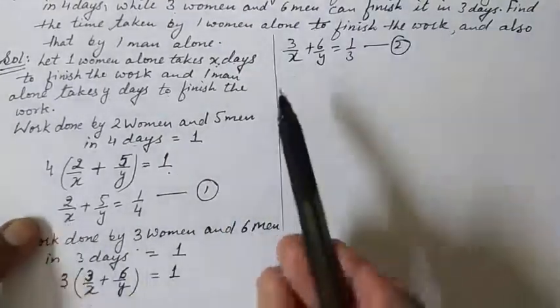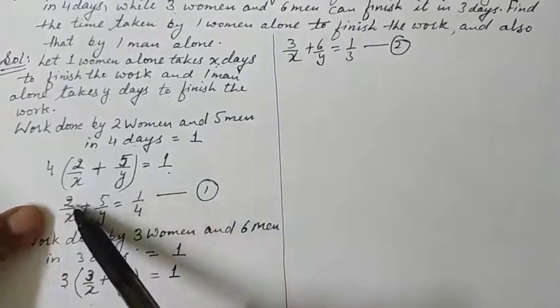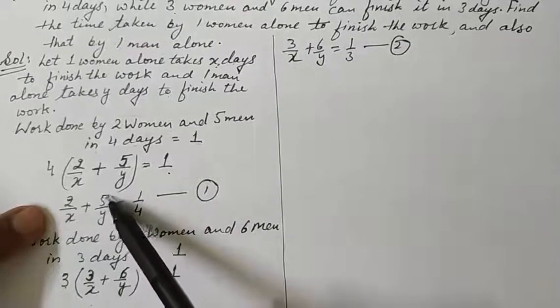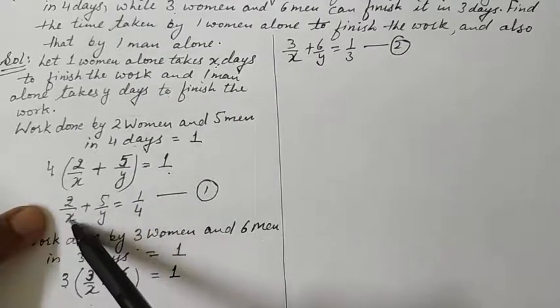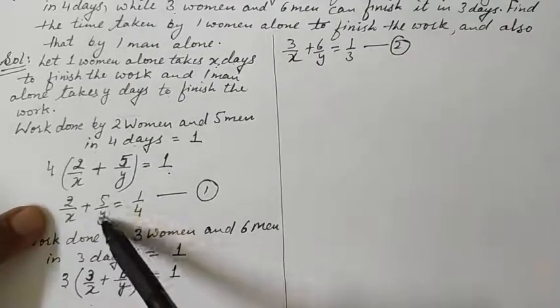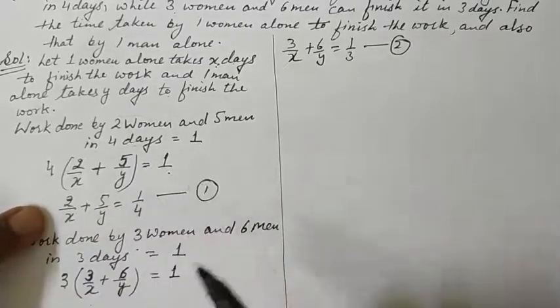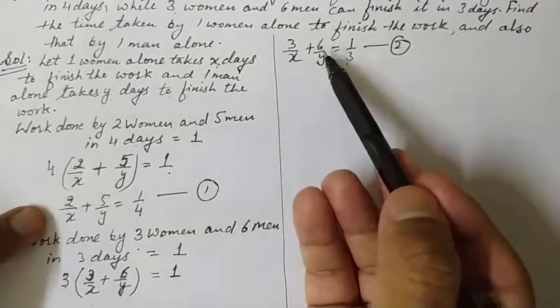In the first equation and second equation, what we do: 2 over x means 2 into 1 by x, 5 over y means 5 into 1 by y. If I put 1 by x as a and 1 by y as b, it becomes 2a plus 5b is equal to 1 by 4. Here it becomes 3a plus 6b is equal to 1 by 3.